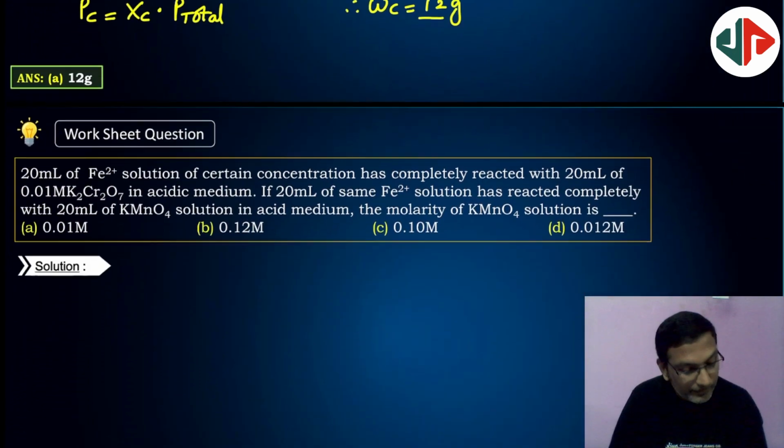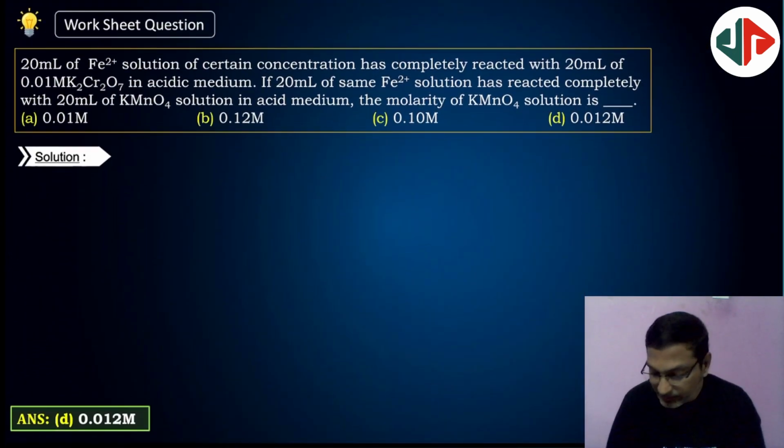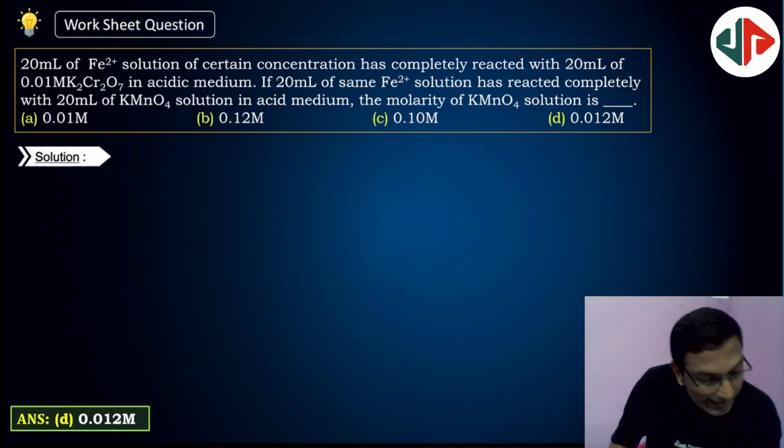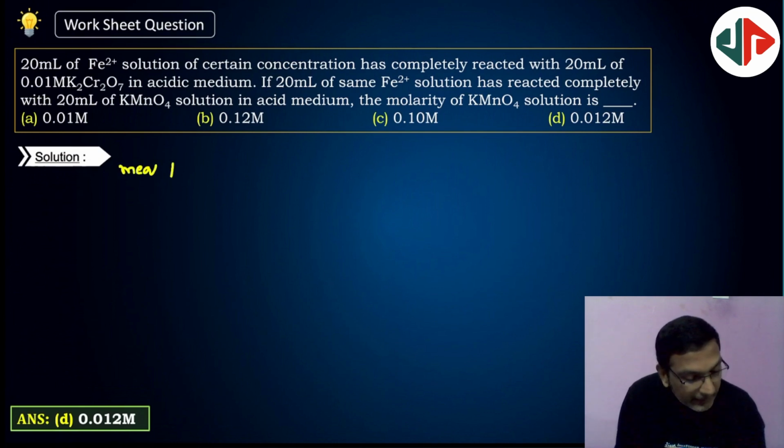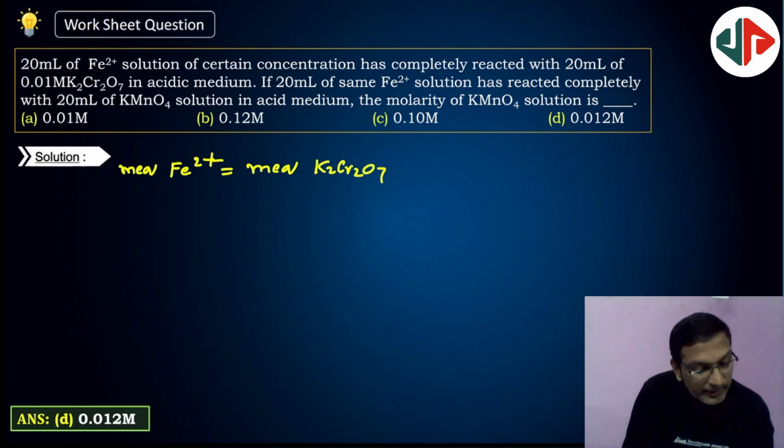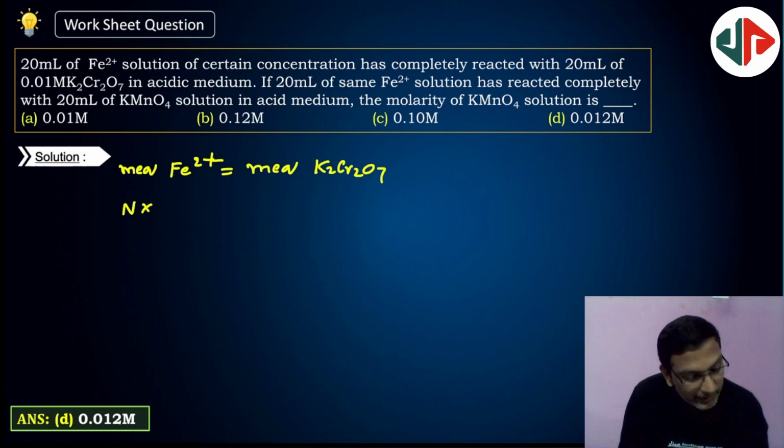Next. This is also a simple question. Reaction between Fe2+ and K2Cr2O7, a redox titration. So we can write milliequivalents of Fe2+ equal to milliequivalents of K2Cr2O7. Milliequivalents means normality into volume, N1 V1 and N2 V2.